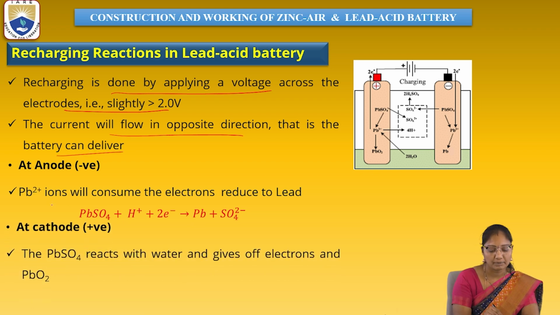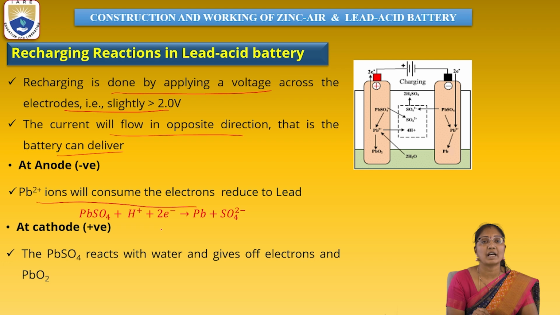At anode, Pb2+ ions will consume the electrons to reduce to lead. Here in the reaction, the lead sulfate formed is again gaining 2 electrons, then Pb plus SO4 2- ions are formed.